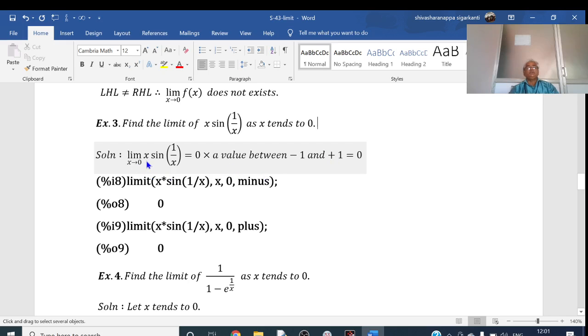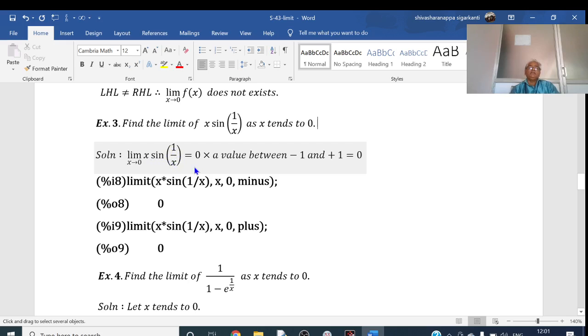As x tends to 0, if I put 0 here, this becomes 0 into sine of 1 by x. Here 1 by x is a very big quantity, but whatever it may be, sine is a bounded function. Sine of any value always lies between minus 1 and plus 1, however big this quantity.